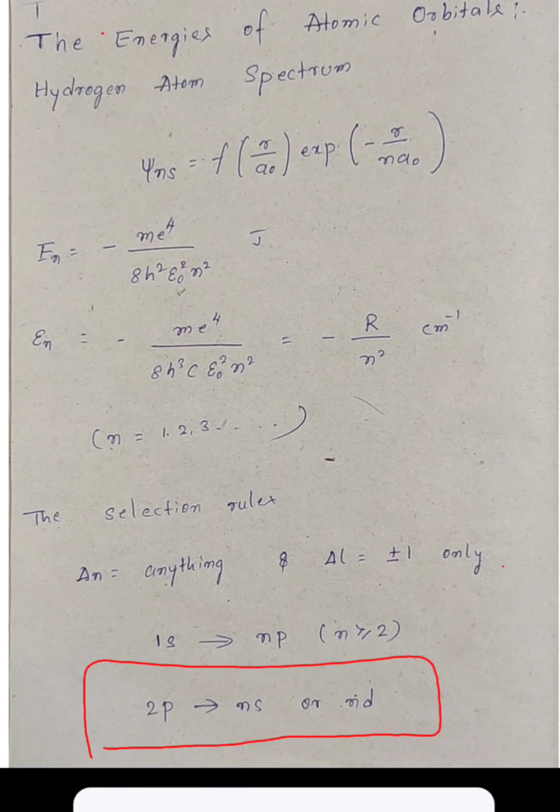So 2 minus 1 is 1, delta L is equal to plus 1. It is allowed. Okay, so n can take any value. For this example, n is not equal to 1.